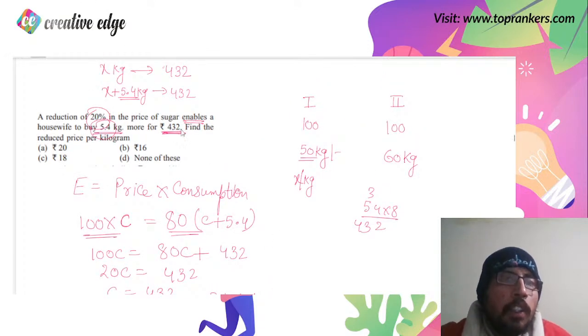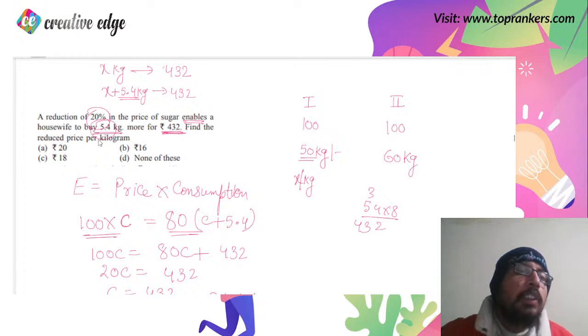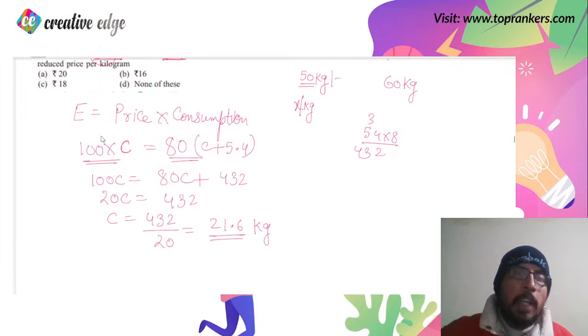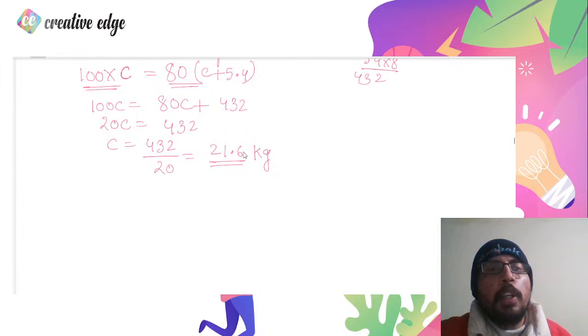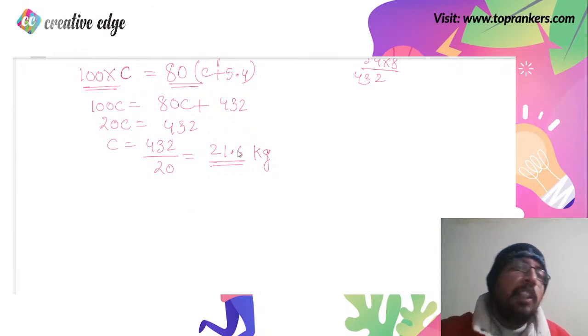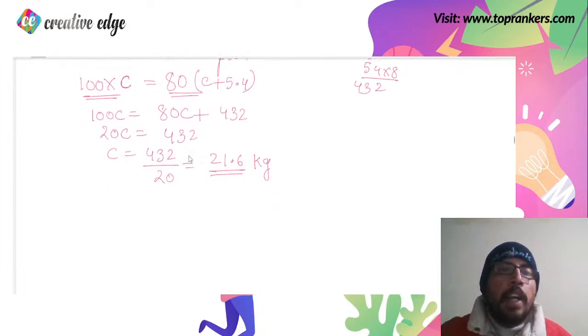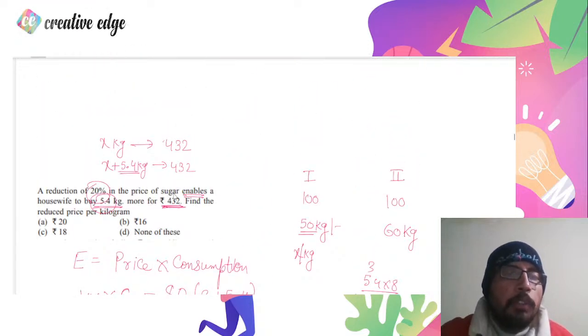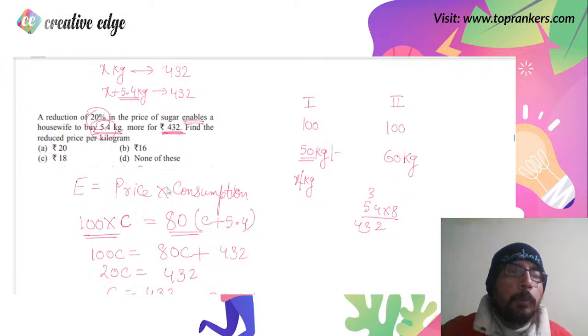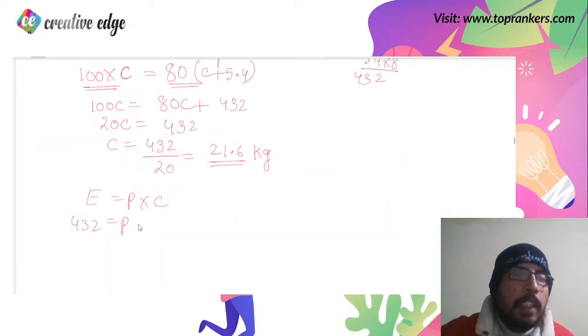What we have been asked is to find the reduced price per kilogram. So how can I calculate this? C is basically 21.6 kg. Now again I will be using expenditure equal to price into consumption. The expenditure is basically 432, which is mentioned in our question. I have to find price into consumption.